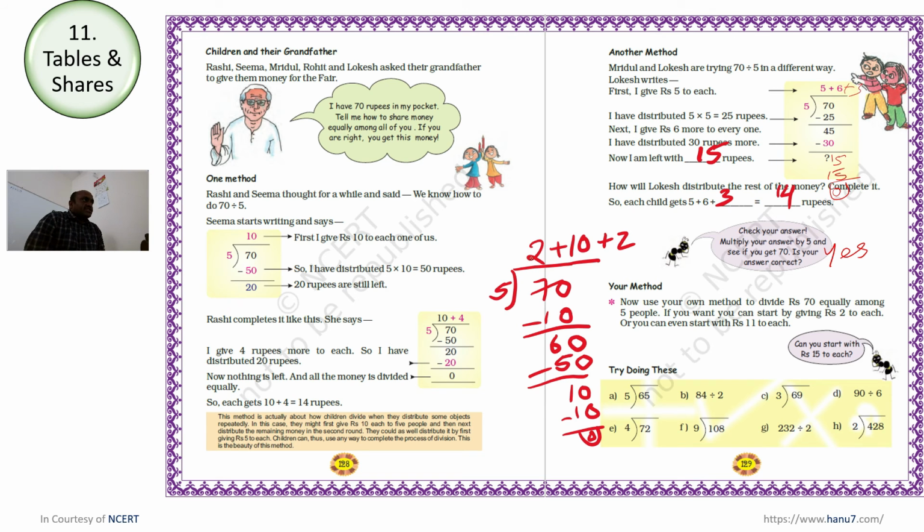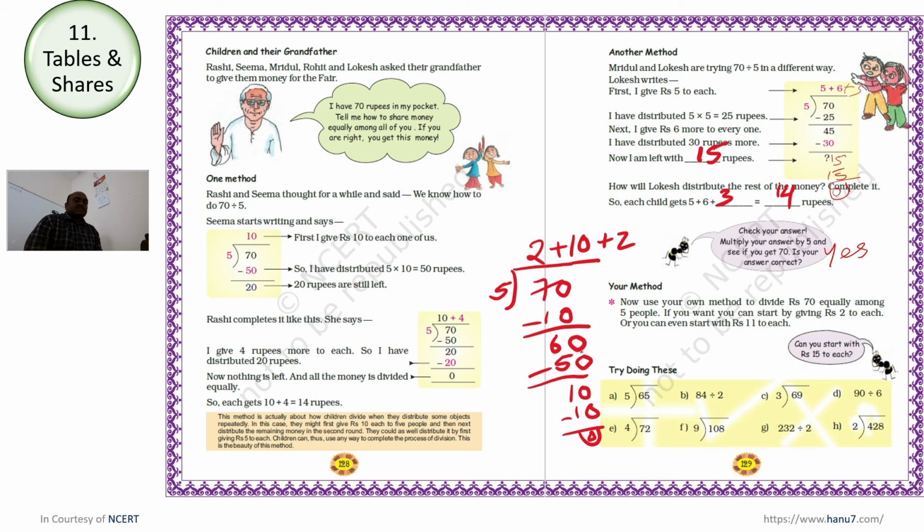So 5 twos are 10, I have distributed 2 rupees to all the 5 members. Then I got 10 rupees subtracted from 70, and I have 60 rupees left. Then what did I do? I started distributing 10 rupees, so 10 to all the 5 members.